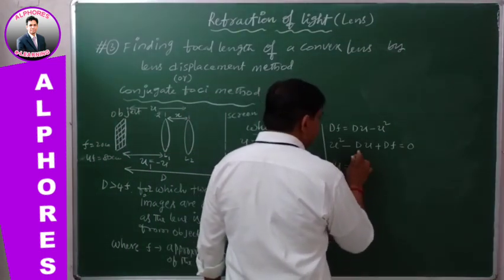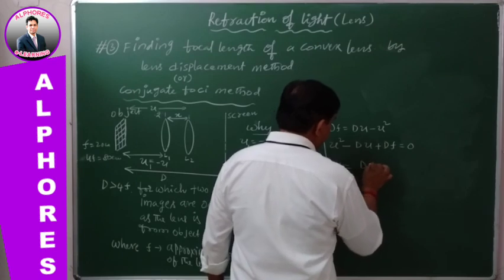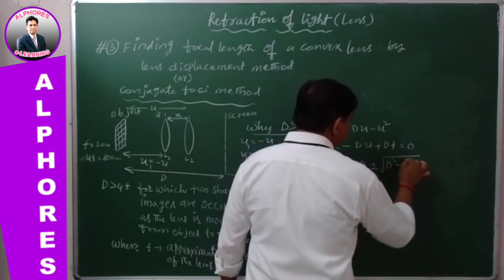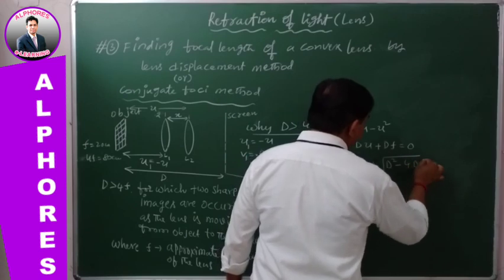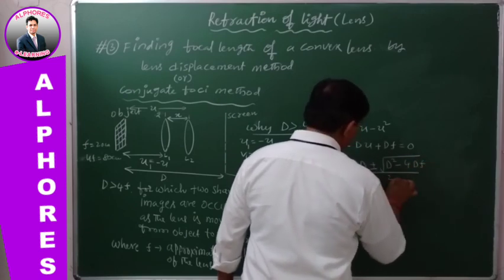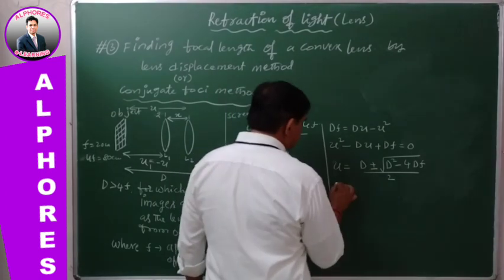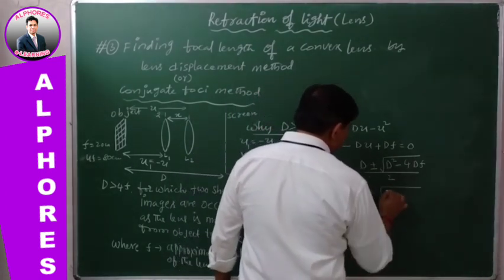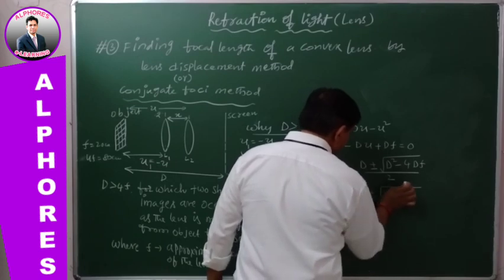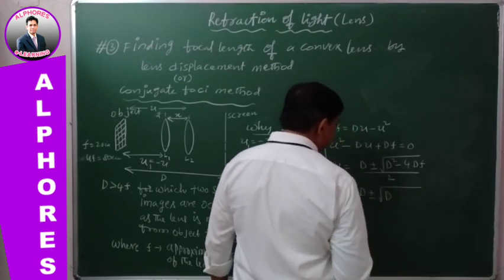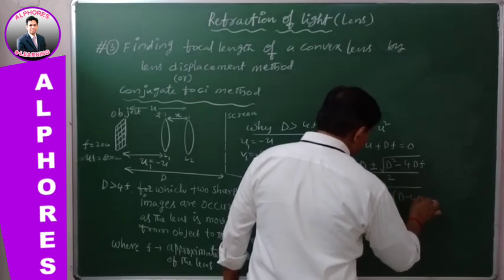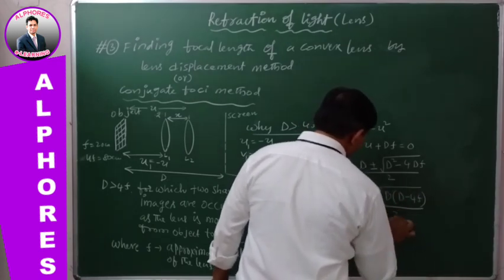u is equal to minus b plus or minus root over b square minus 4ac by 2a, that is, u is equal to D plus or minus root over D square minus 4Df by 2. Taking D common, u is equal to D plus or minus root over D into (D minus 4f) by 2.